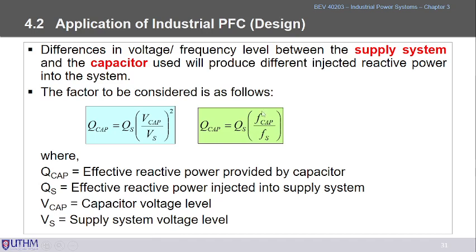The same applies to the frequency. Let's say we need 100 here. How much do we need to purchase of the Q for the cap? It depends on these variables, V cap and Vs.